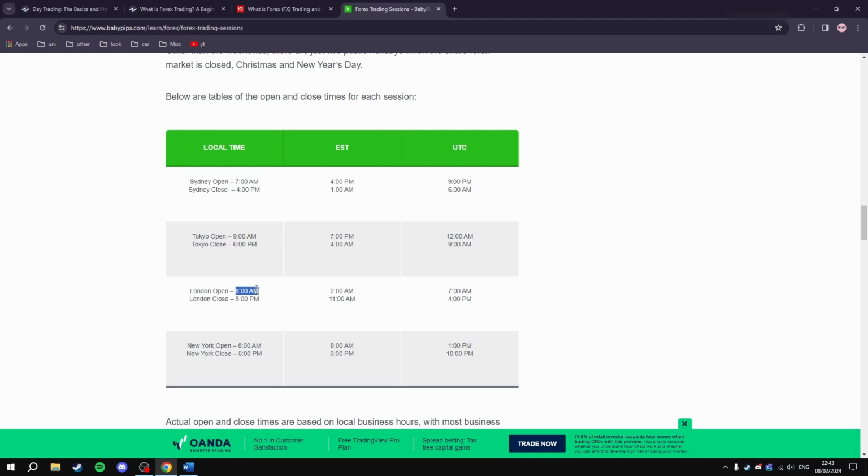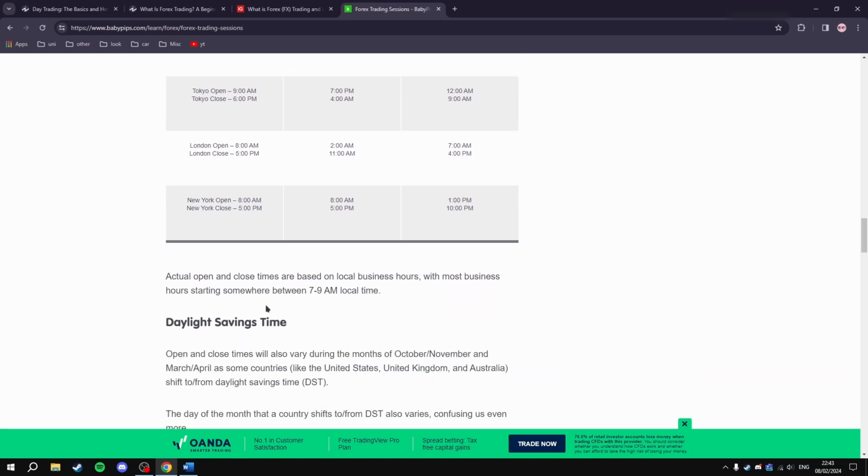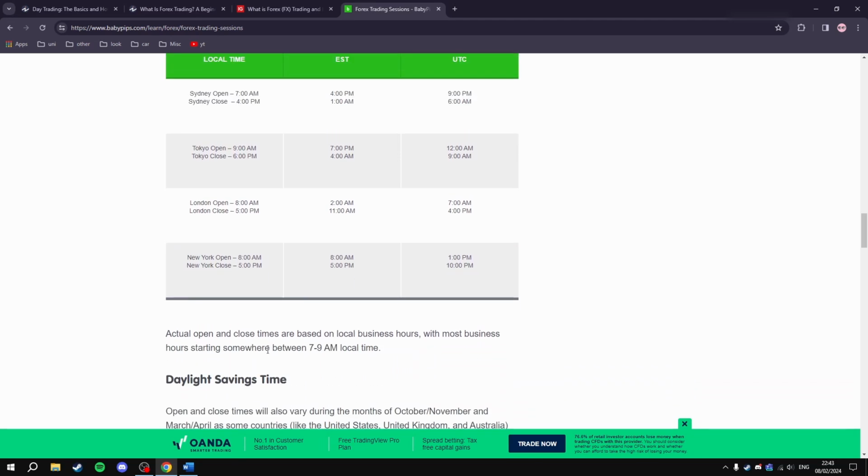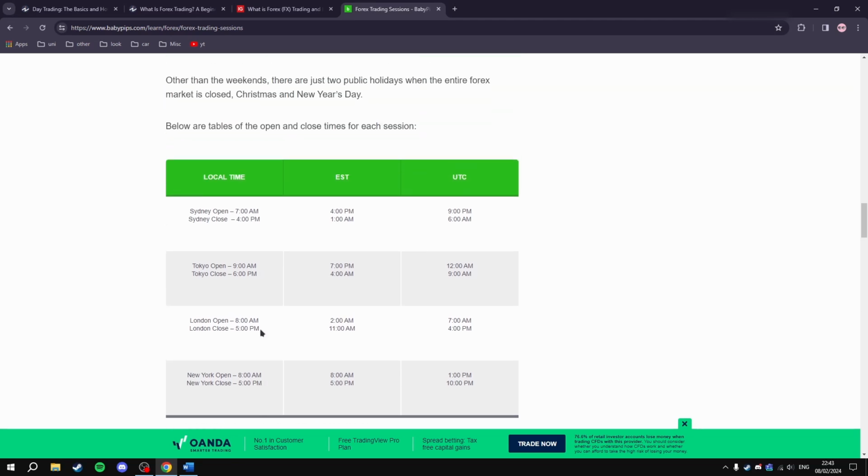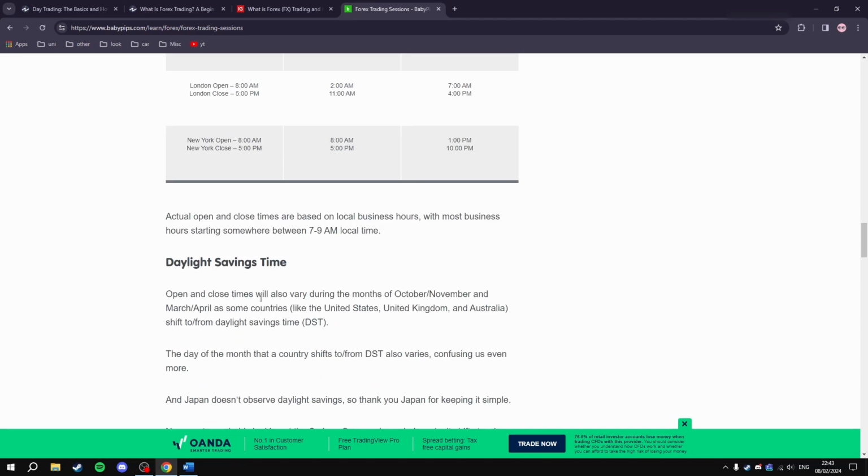So London opens at 8, closes at 5. Actual open and closing times are based on local business hours, with most business hours starting somewhere between 7 to 9 AM local time.